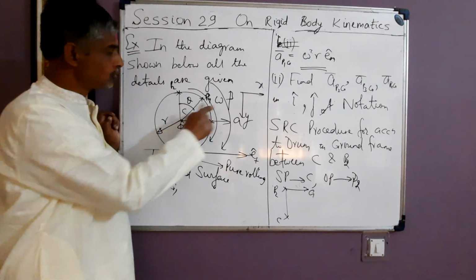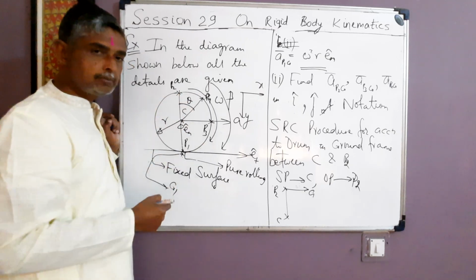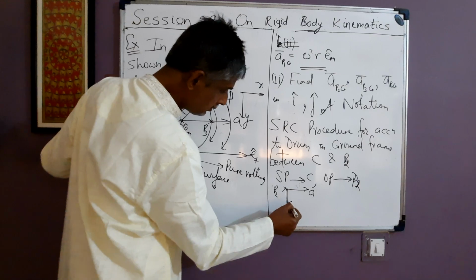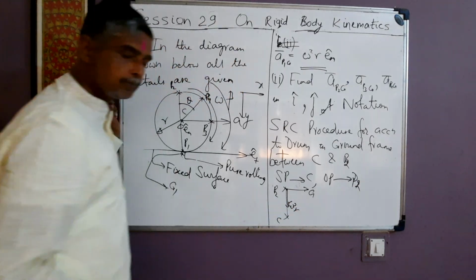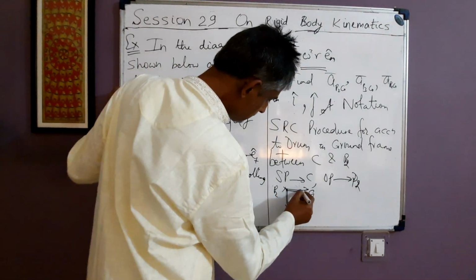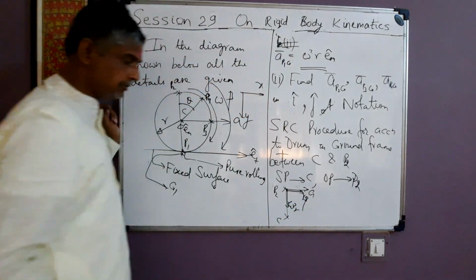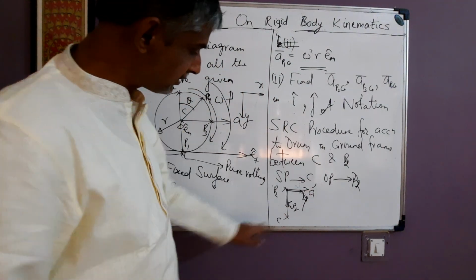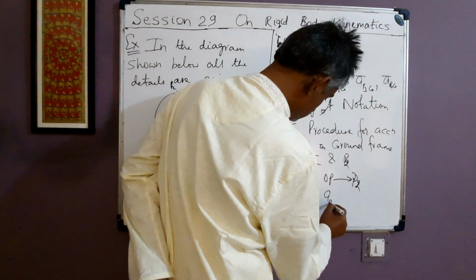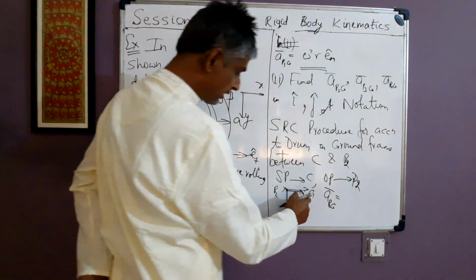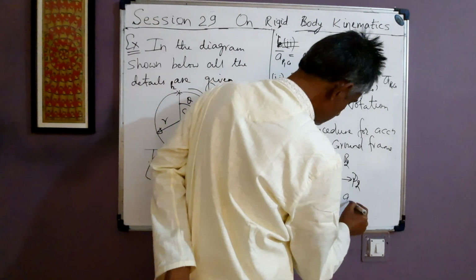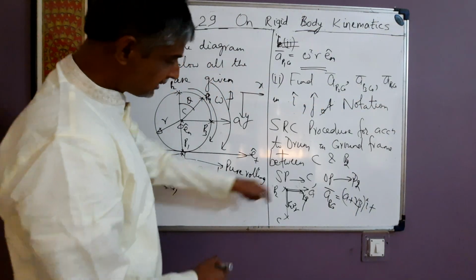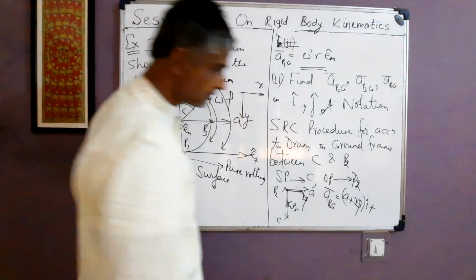Now we write down the sentence. Omega is clockwise, so P2 moves in a clockwise circle with center at C and radius R. So two accelerations have to be given to P2: omega squared R towards C, and R beta along the rightward direction. So the acceleration of P2 with respect to ground is the vector sum of these three terms. So A P2G becomes A plus R beta along the x axis, and omega squared R in the downward direction, that is along the y axis.